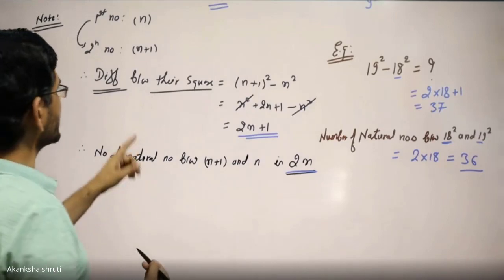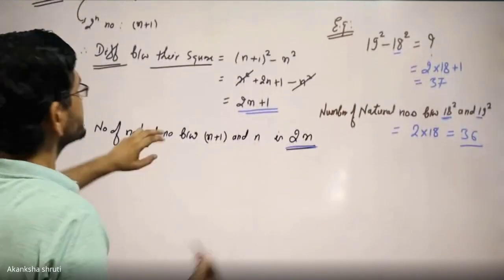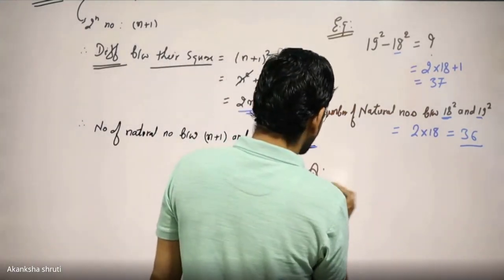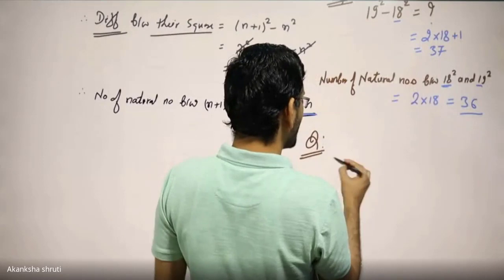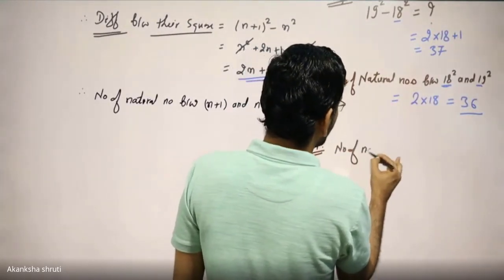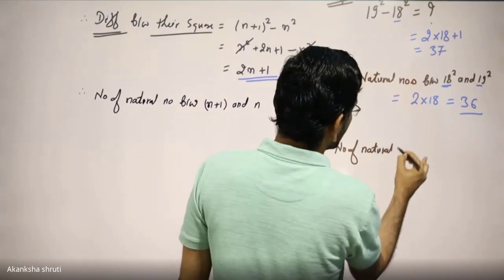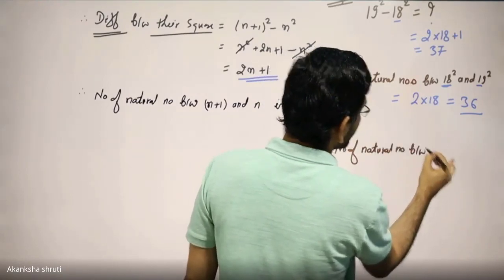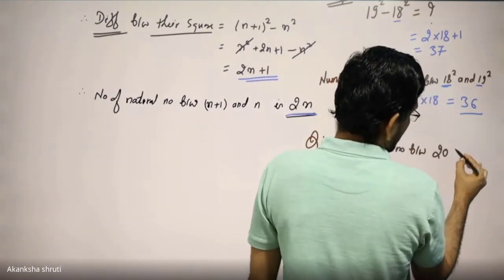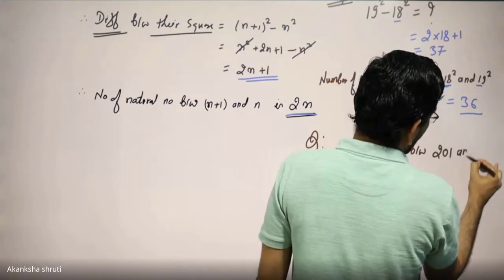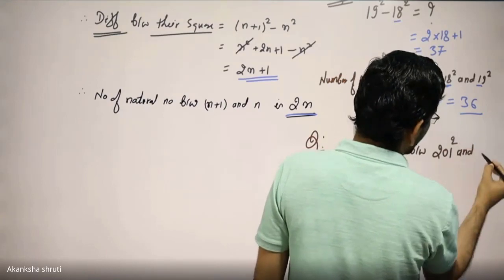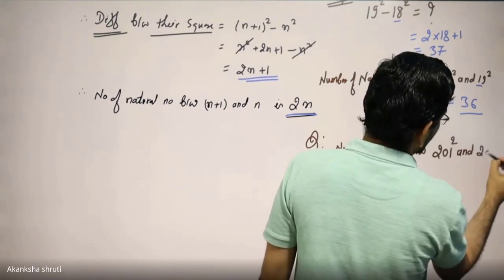Okay, so such kinds of questions are quite common, and even the bigger questions are framed based on this. The question is like this. We have to find the number of natural numbers between 201 square and 200 square.